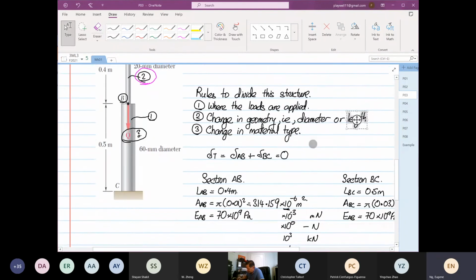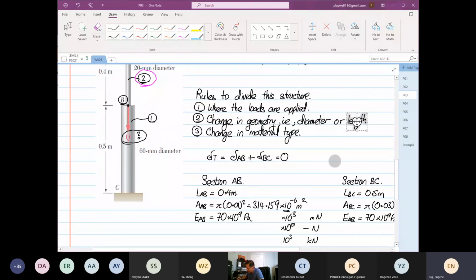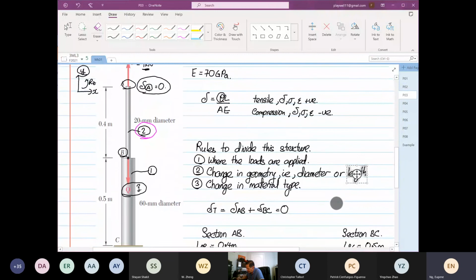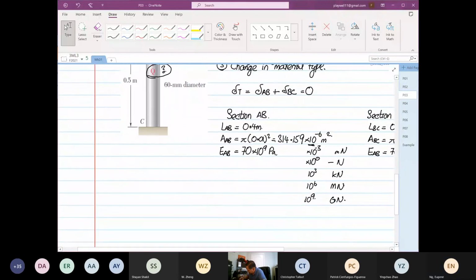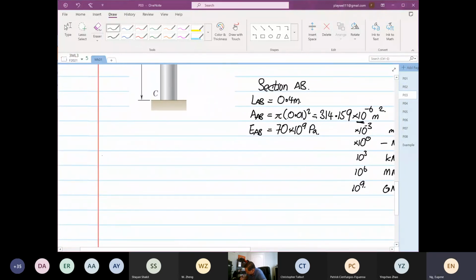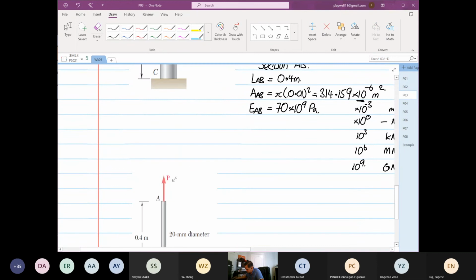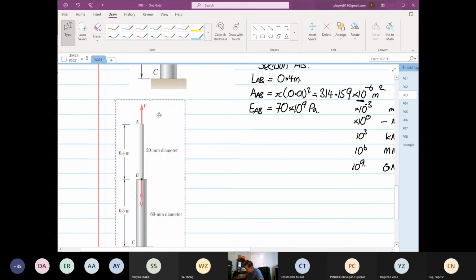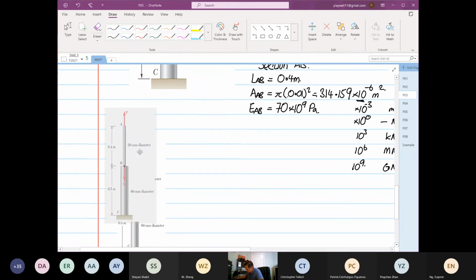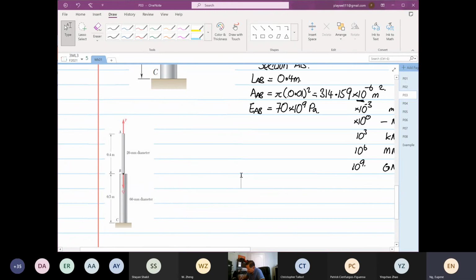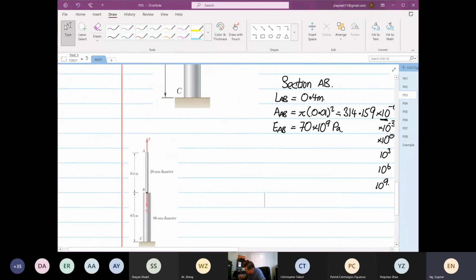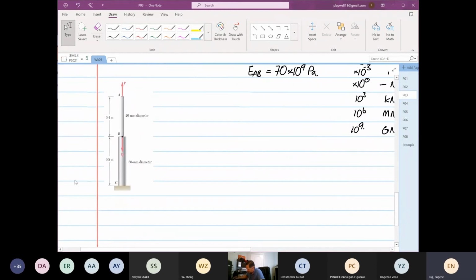So if we look at P, we're going to look at PAB first. So I'm going to copy the diagram down here so you can see better. So we are going to look at the AB section.